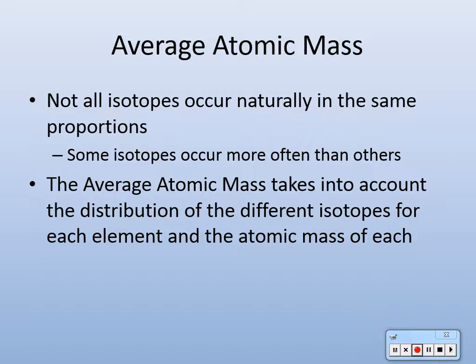How often they show up. So it takes into account the atomic mass of each isotope. How big is each isotope compared to carbon-12, but then also how often do each of those isotopes show up? Which ones show up more than other ones? If they do, they contribute more to the average. Okay?